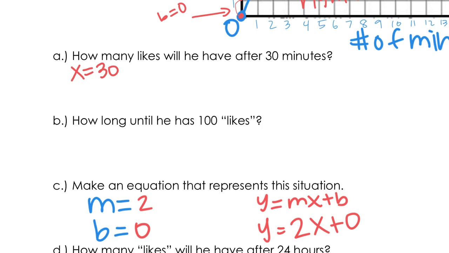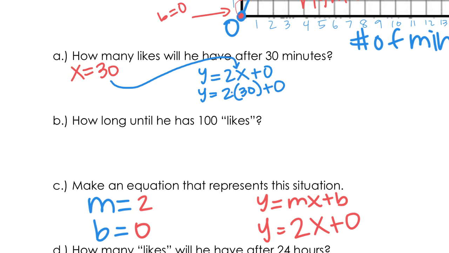So let's use our equation, y equals 2x plus 0, and plug it in. 2, put in parentheses a 30, which means 2 times 30 plus 0. So use your calculator. 2 times 30 plus 0. Type that all in, and you get y equals 60.